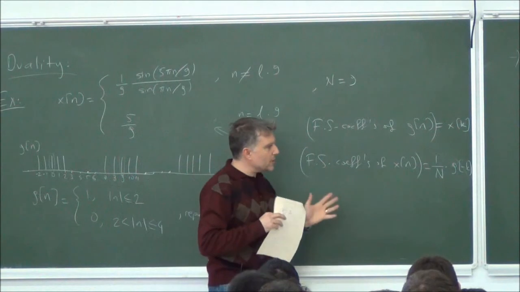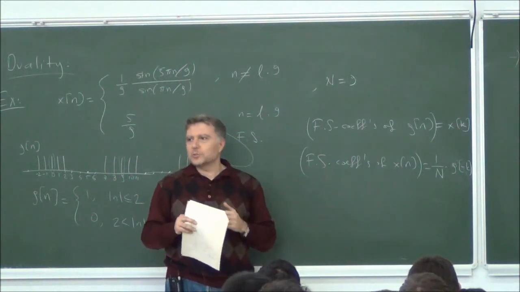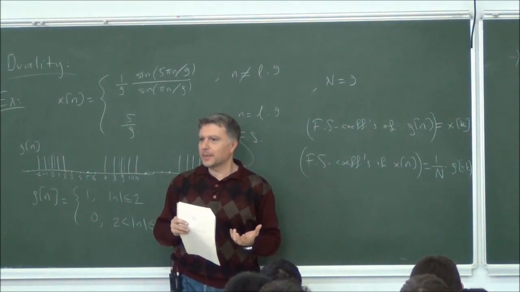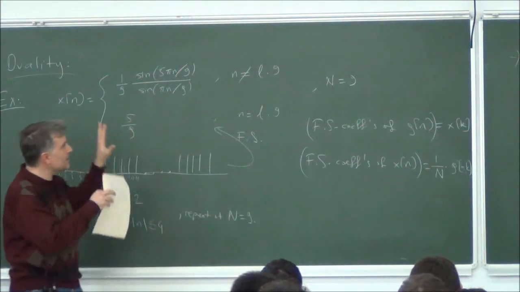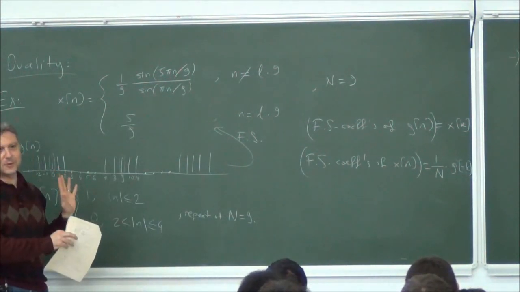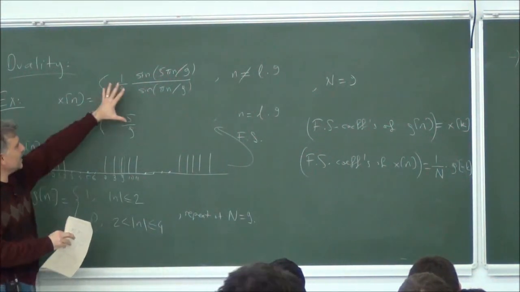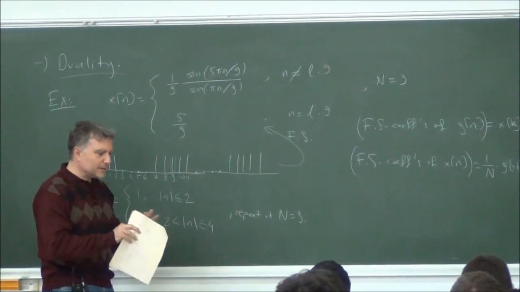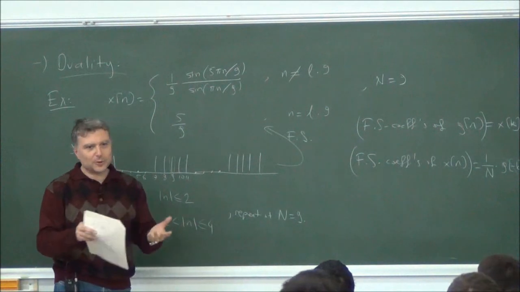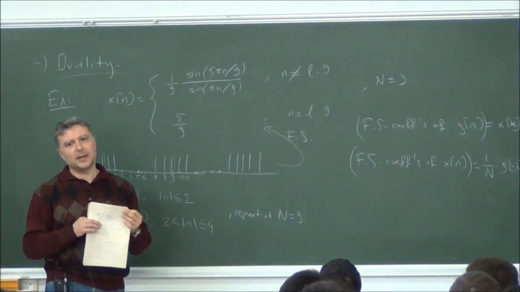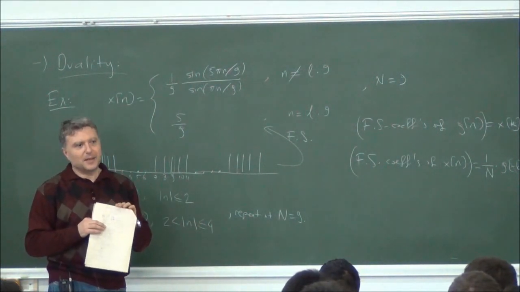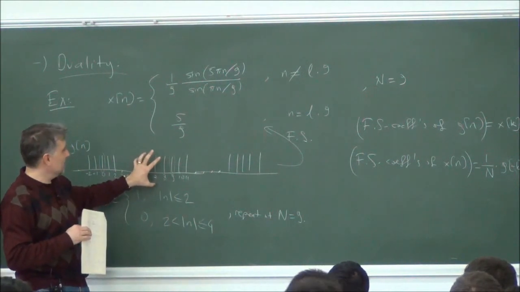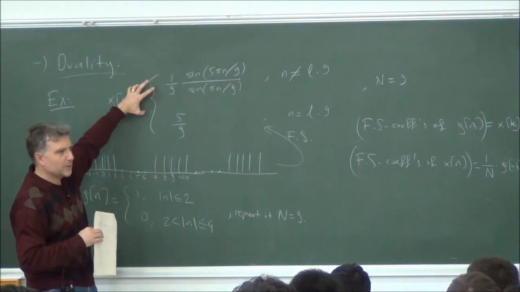Unfortunately, there is no reasonable question that could be asked from this topic. Because, honestly speaking, this is the only reasonable example that you can come up with. Sinc and rectangle. If you have other typical pairs, they could also be asked, but in discrete time, we don't have things like that, where this is periodic and this is also periodic.